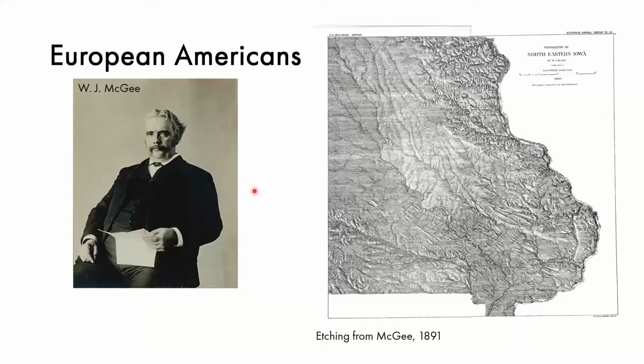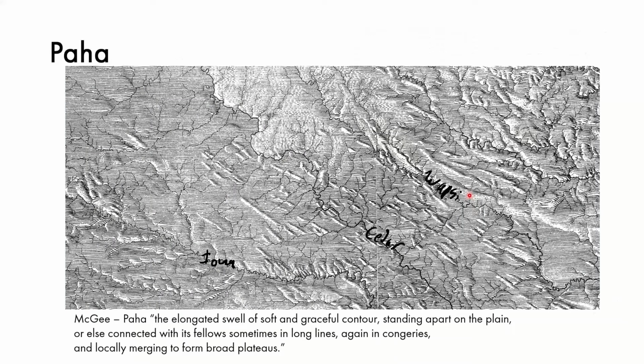One of the first European descended people to look at this area was McGee, and he noticed these paha here and described them. You can see this beautiful lithograph print. He described them as the elongated swell of soft and graceful contours, standing apart on the plain, or else connected with its fellows sometimes in long lines, again in congeries, and locally merging to form broad plateaus.